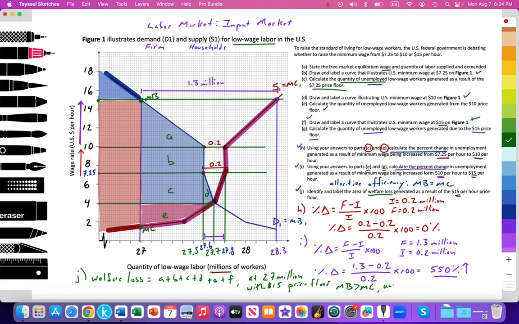So there's an under allocation of labor resources being consumed by firms. So we have the supply of labor that's willing and able to work not being consumed by firms because firms can't afford the higher wage. And that's it for question J.